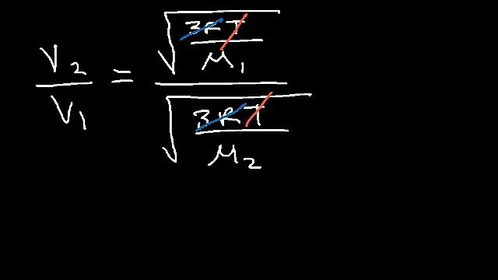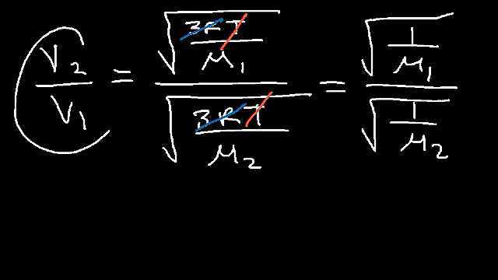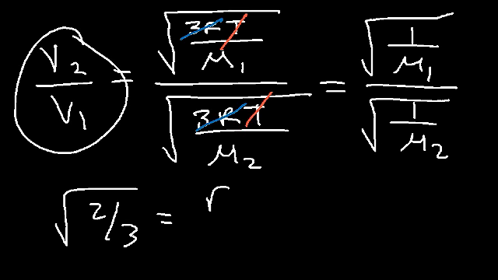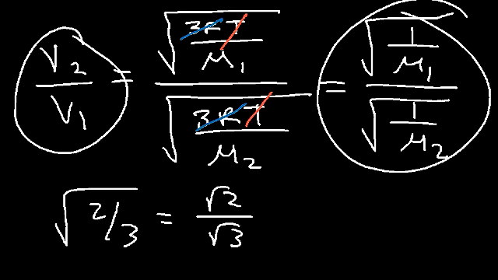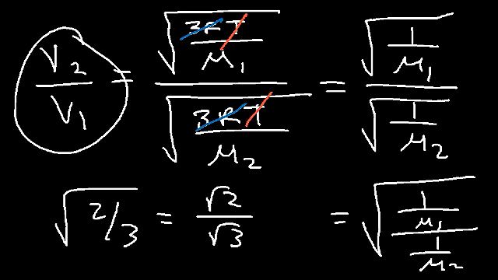So therefore, what we have is the square root of 1 over M1 is equal to the square root of 1 over M2, and that's V2 over V1. By the way, the square root of 2 over 3 is the same as the square root of 2 divided by the square root of 3. So we can write this as a single radical. So we can say that this is the square root of 1 over M1 divided by 1 over M2.